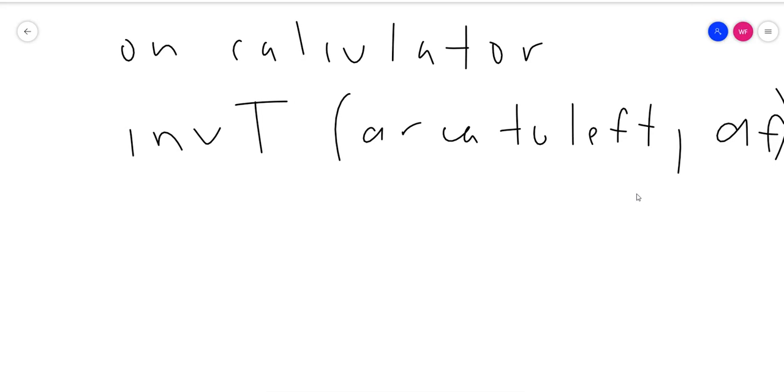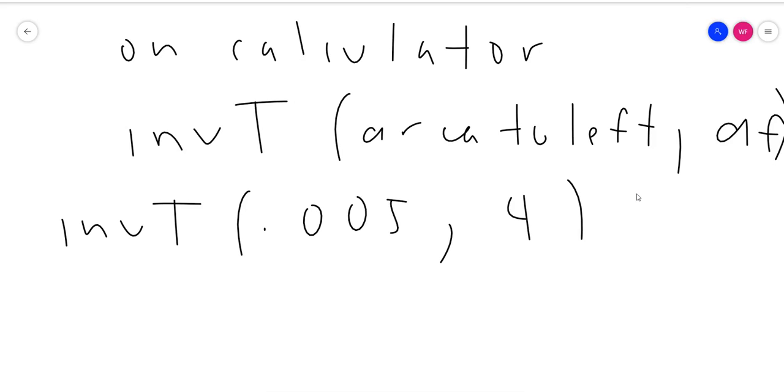So for this particular example, we want to do inv-t, and the area to the left was 0.005, and because there were 5 matched pairs, the degrees of freedom were 4. And so that's what we want to enter in the calculator: inv-t(0.005, 4).